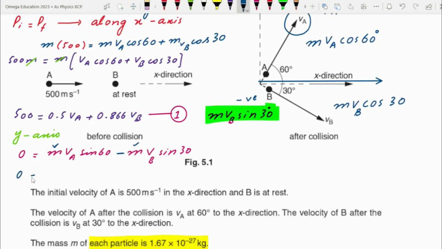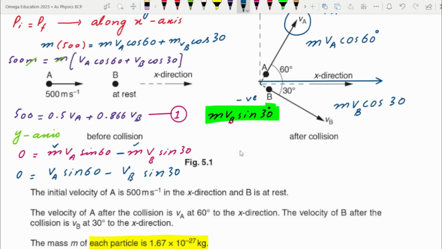So 0 equals VA sine 60 minus VB sine 30. Okay, so I've done two things here. I've taken mass common, then I shifted mass on the other side, and it was 0 divided by mass. 0 divided by anything equals 0.